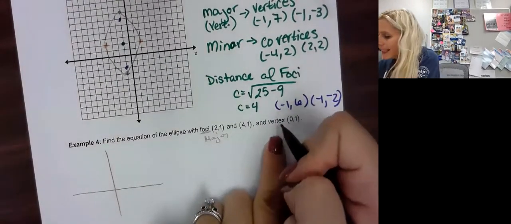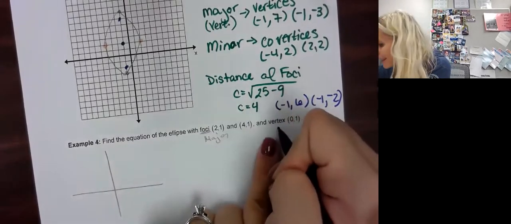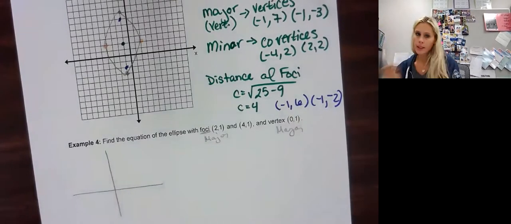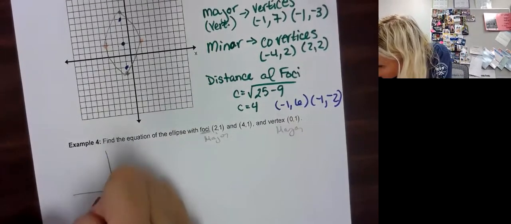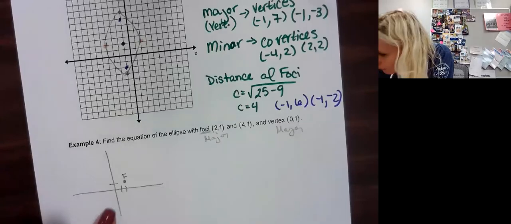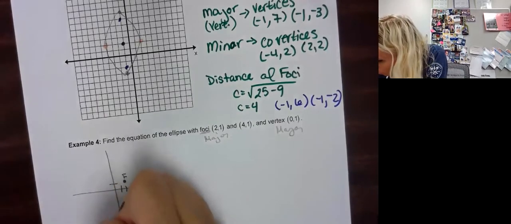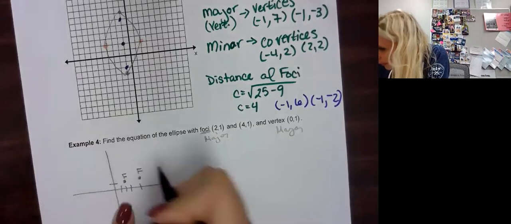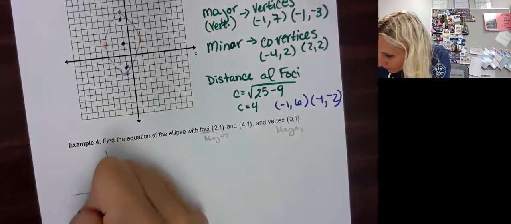Now, vertex is one vertex, which means there's another vertex. Again, this is on the major axis. So 2, 1 is a foci, and I'm going to label that as F. Then we have 4, 1, that's a foci. And then we have 0, 1, which is a vertex.